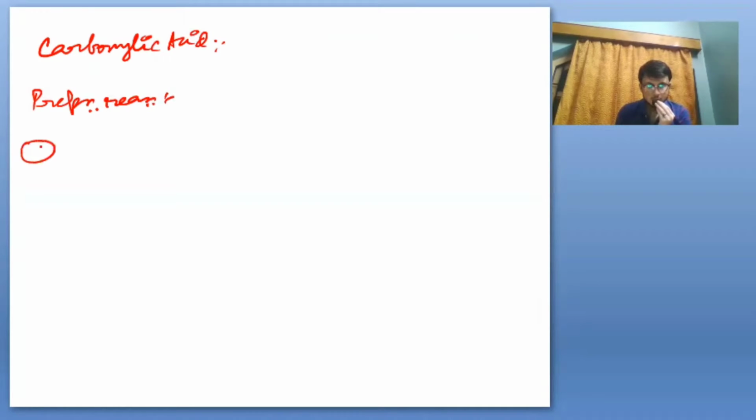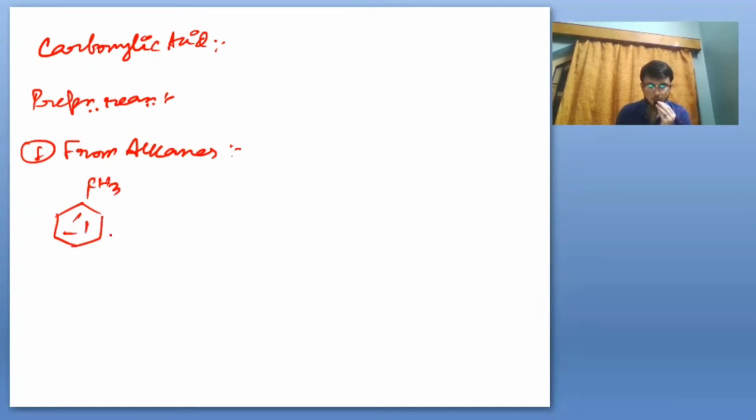So first is, if we want to derive carboxylic acid from our what? Alkane. Okay. So if we want to derive carboxylic acid from alkane, let's see what happens. That is, let us take this.